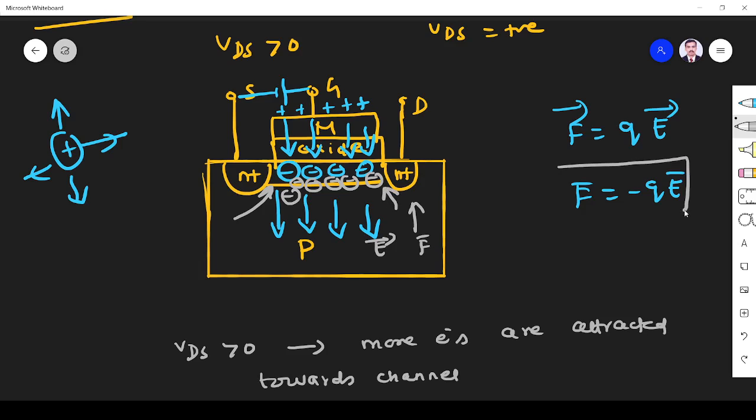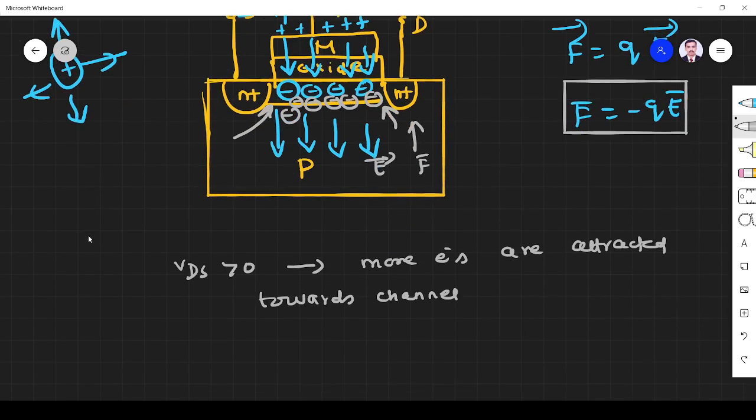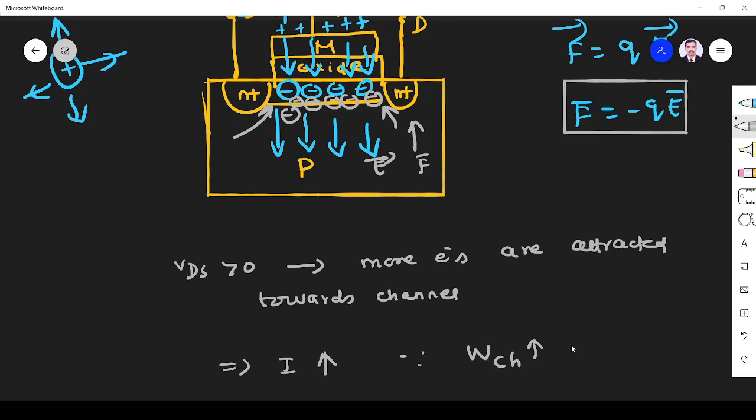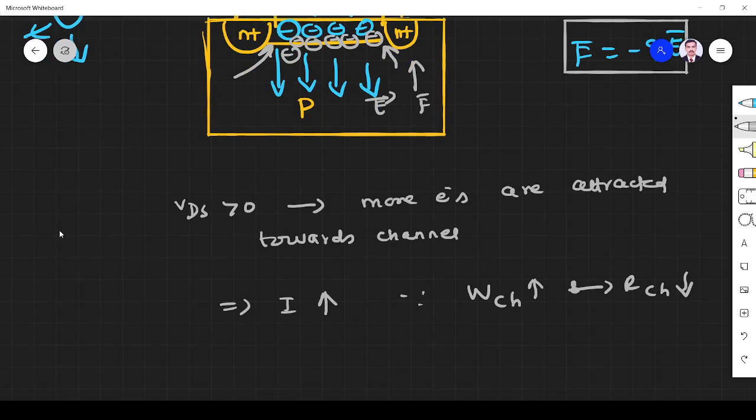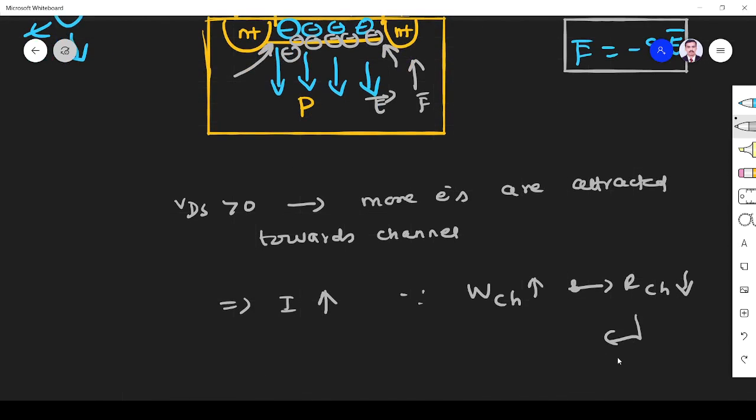That's what F is equal to minus QE. We studied Coulomb's law. So ultimately more electrons will come here. This means when VDS is greater than 0, ID increases because channel width increases. Channel width increases means the resistance of the channel decreases, so simply the current increases. That current is nothing but the drain current.